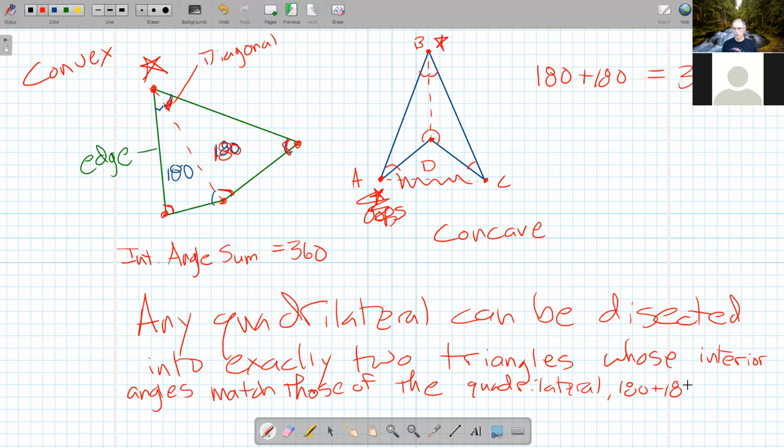The book also calls an interior angle a vertex angle because it's an angle emanating from a single vertex. So they're also called a vertex angle. Yeah, so this is kind of the reason behind it. Any quadrilateral can be dissected into exactly two triangles whose interior angles match those of the quadrilateral. And so we get 180 plus 180 is 360.